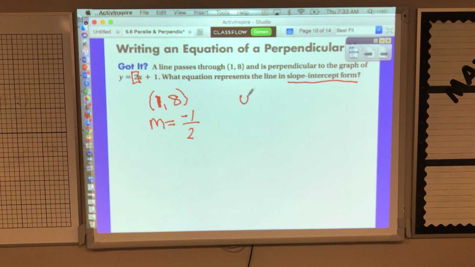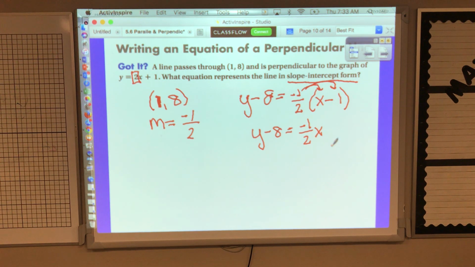So my starting equation is y minus y1, so y minus 8 equals m, which is negative 1/2, times the quantity x minus x1, which is 1. But again, they want me to do that next step of getting it to slope-intercept form, so I need to get rid of my parentheses by distributing. So I have y minus 8 equals negative 1/2 x, and when I distribute that negative 1/2 to the negative 1, remember, negative times negative becomes a positive 1/2.